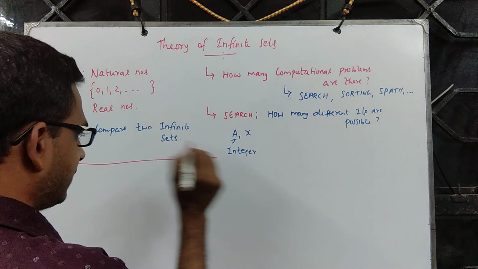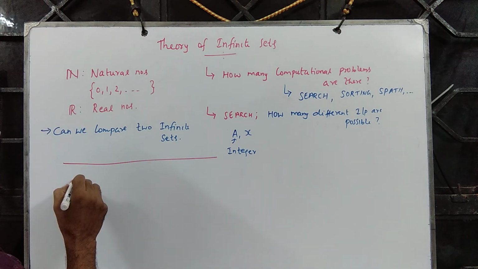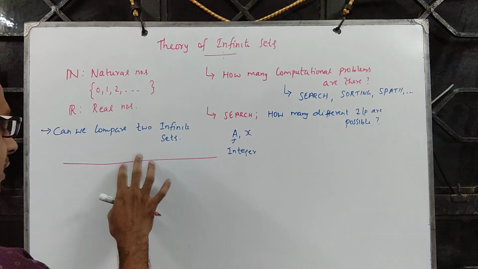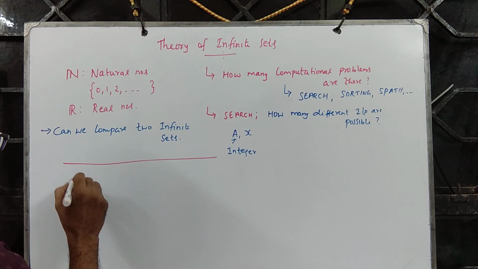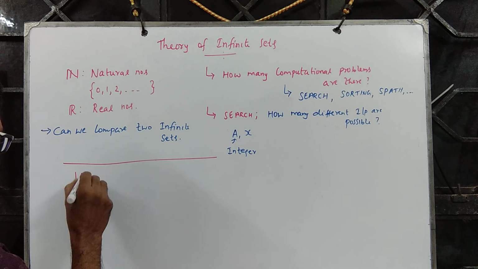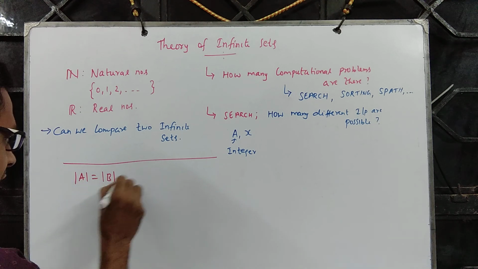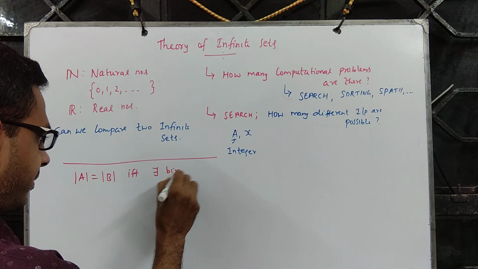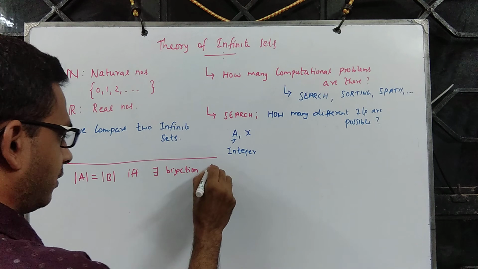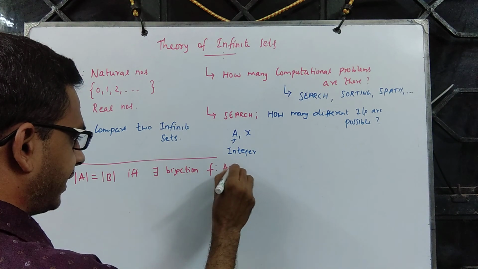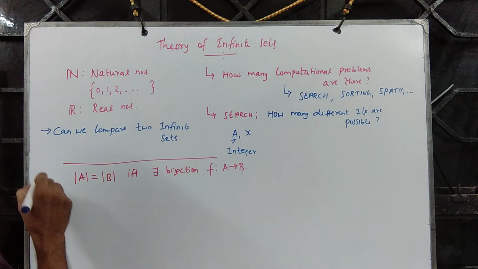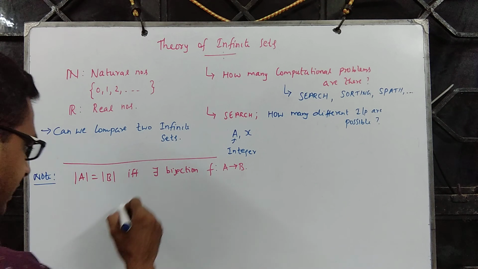Let's revisit the theory of functions and learn some material, which we will use here. We say cardinality of A equals cardinality of B if and only if there exists a bijection from the set A to B. What is this telling us?